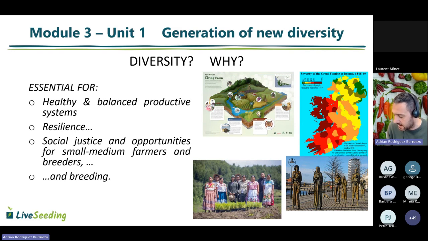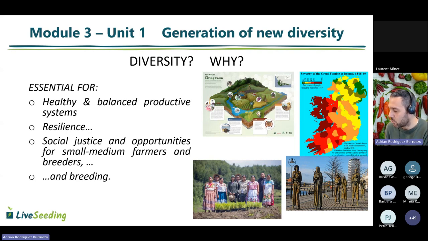These hybrid modern varieties are improved for many traits, many pathogens, and they are good in their context. But we cannot bet all our food security on these new materials because they represent a very narrow bottleneck of diversity.